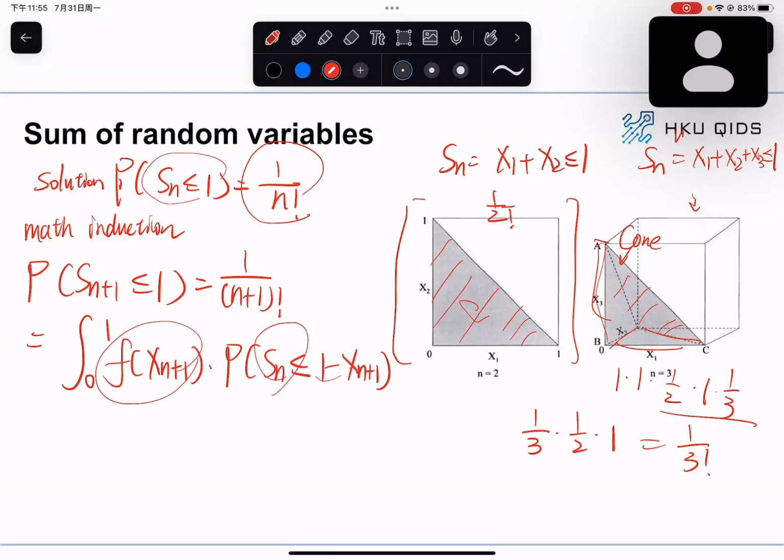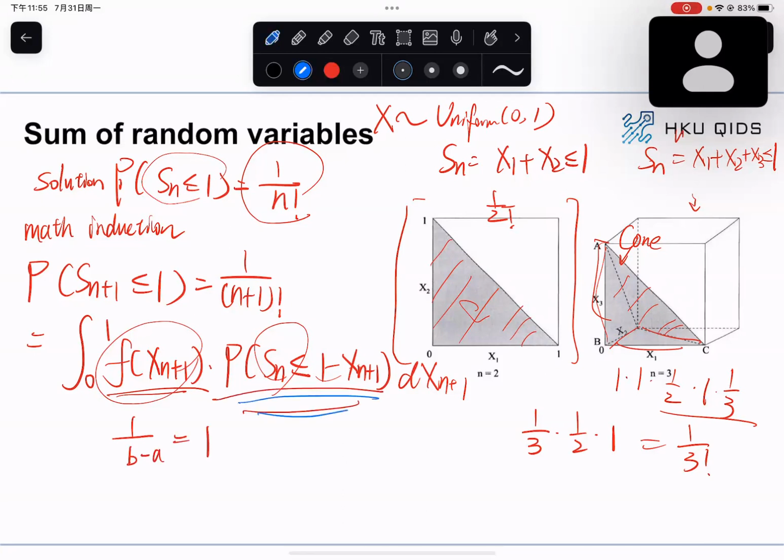And this is easy because each x follows a uniform distribution on 0 to 1, so the density is 1 over b minus a, which is 1. So we just need to take care of this part.